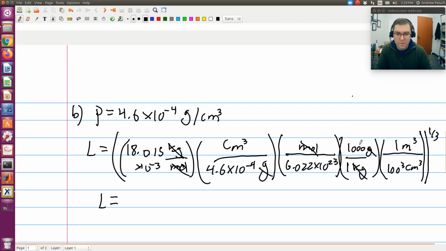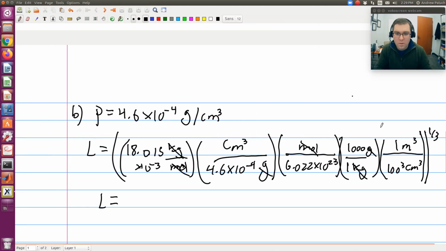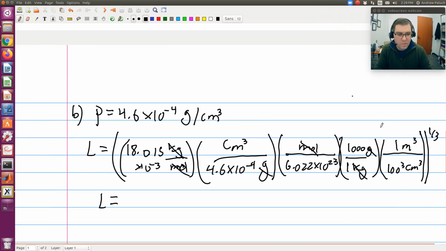Then we've got to convert grams to kilograms to get rid of grams and kilograms, and then get rid of centimeters. Okay, I believe that's right.